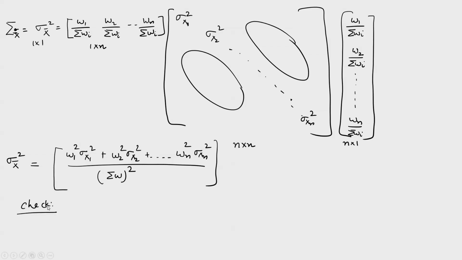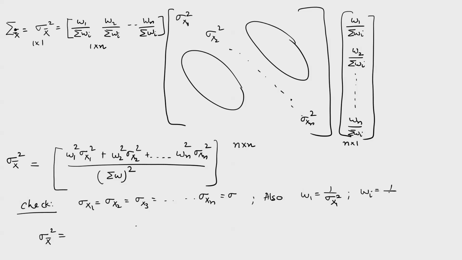Let us bring back the same example which we solved with simplification, where we assumed sigma x1 equal to sigma x2 equal to sigma x3 equal to sigma xn and equal to sigma. I need to mention here that we have W1 equal to 1 upon sigma x1 square, and similarly any Wi equal to 1 upon sigma xi square, like this. So, here if I multiply these two, I will get 1.